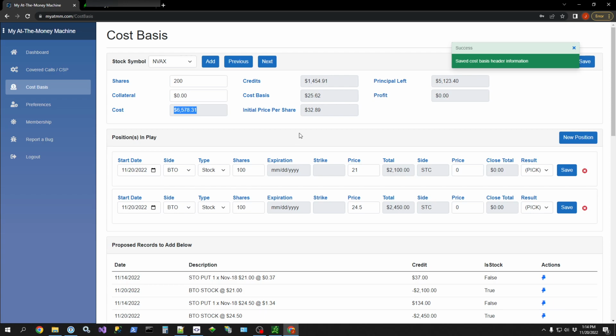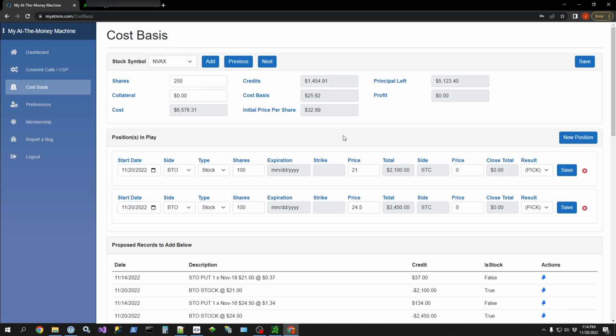And now, as you can see, when the dust has settled after I committed those, my purchase cost basis, without including any of the premiums I've received along the way, is $32.89 a share. I think it's currently trading right around $19.50 or something. It fluctuates a lot, so it can move back up to 24 within this next week.